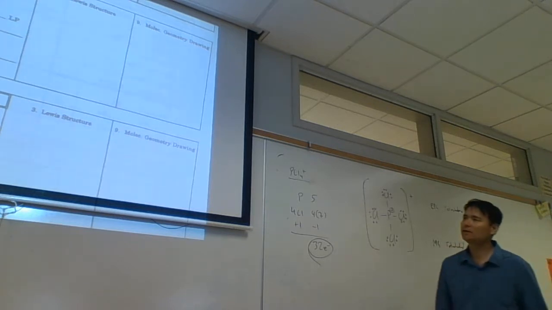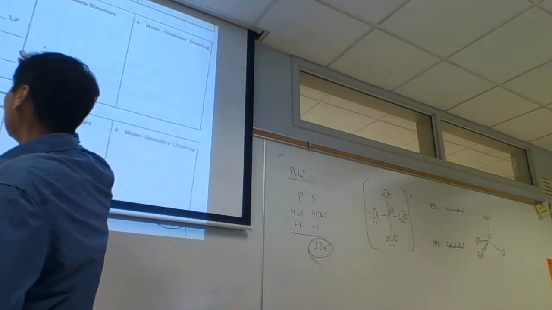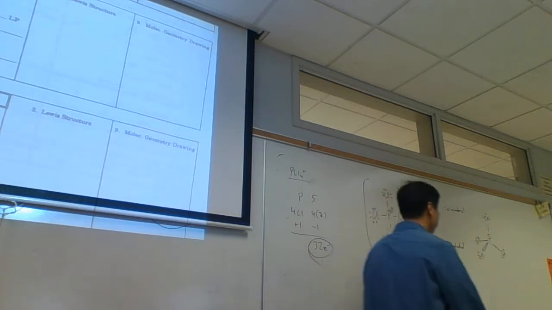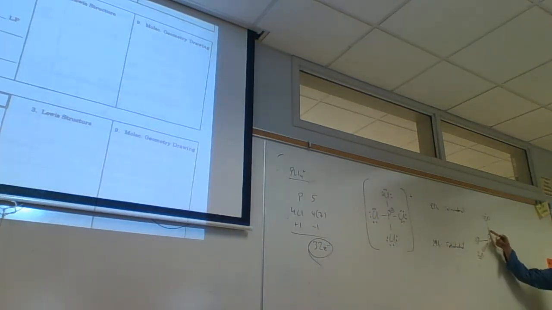Well, what is the ideal angle for tetrahedral? 109.5. But do you expect any distortions on this? No, because all the groups are the same. They're all single bonds, and all single bonds are about the same. In fact, these are exactly the same.